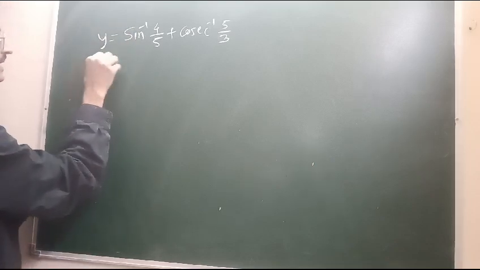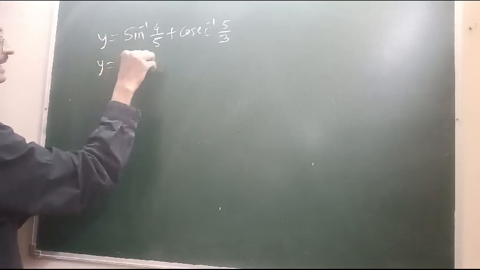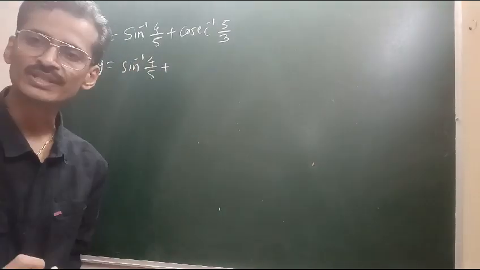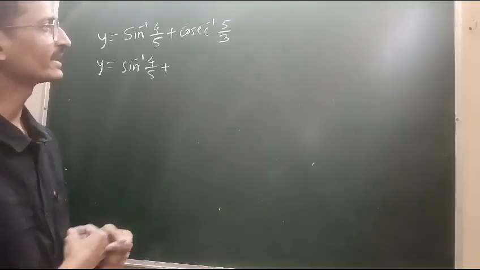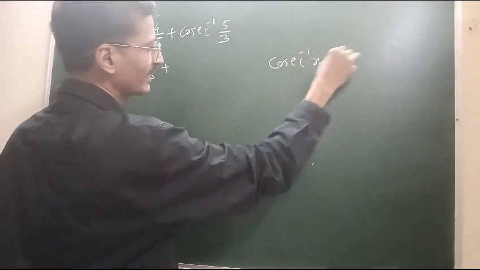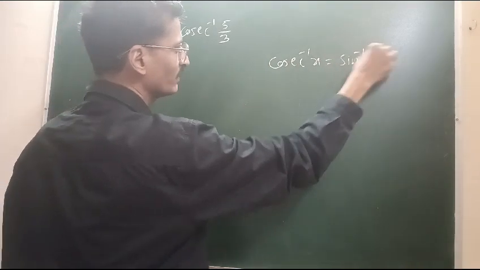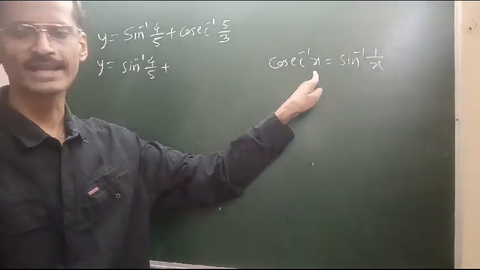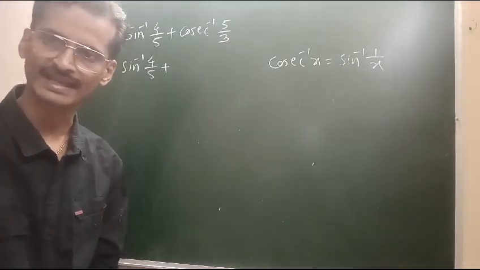Now y, write the first part the same. Now convert cosec inverse into sine inverse. How can we convert? We know that cosec inverse of x we can write as sine inverse of 1 upon x, or cosec inverse of 1 upon x we can write as sine inverse of x.